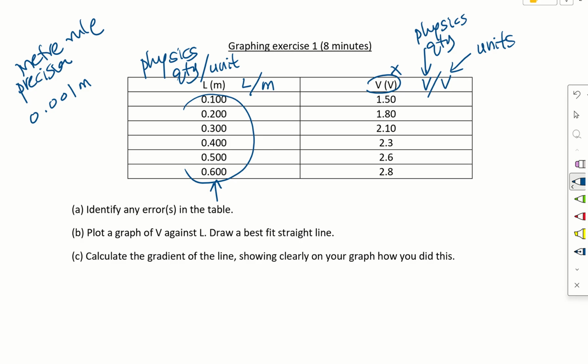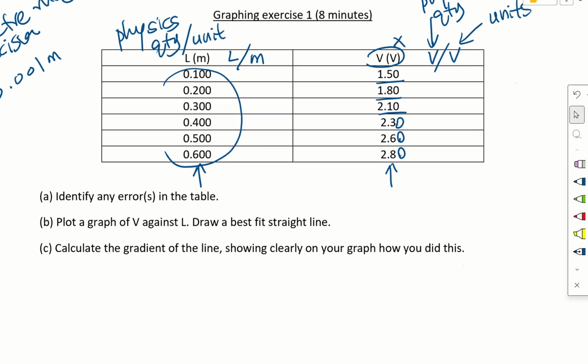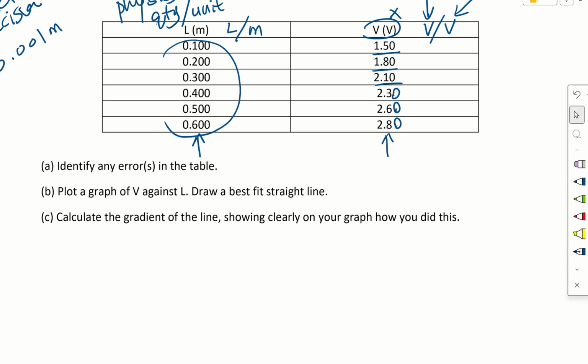But if we look at V, which is voltage, we see that it is not consistent: 1.50, 1.80, 2.10. If you have a chance to use a voltmeter, you'll see that the error is half the smallest interval. So for this, we will take it that the values are 2.30, 2.60, and 2.80. Okay, so this is done.